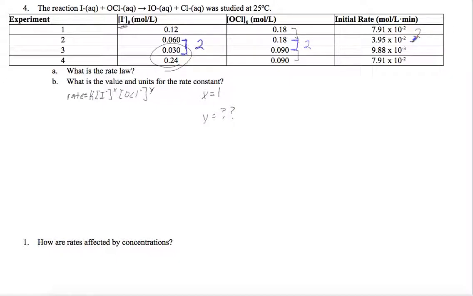And then this goes up by a factor of 4. 0.0395 divided by 0.00988 is going to give you a multiple of 4. Now if I have the rate is equal to 4, we can get rid of constant. I is 2 raised to the first power, and then we have 2 raised to the y power. I now have something I can simplify into 4 is equal to 4 raised to the y, and y becomes the first power.